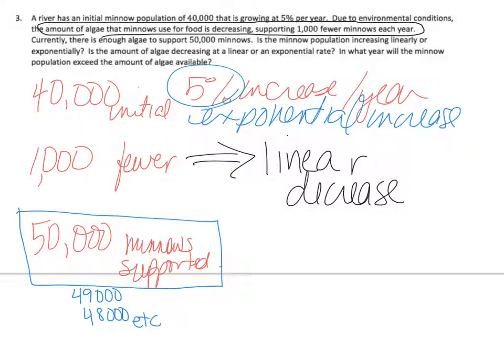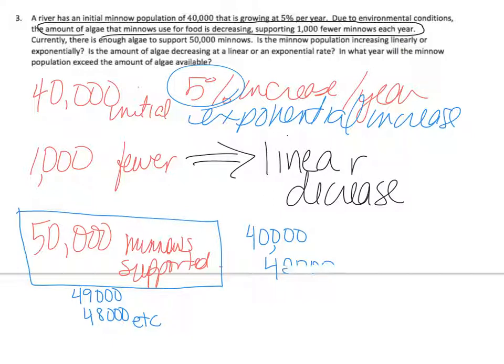Because the first year I have, or the initial, that's up here, I'd have 40,000 minnows. The next year, 40,000 times 1.05, so the next year I have 42,000 minnows.